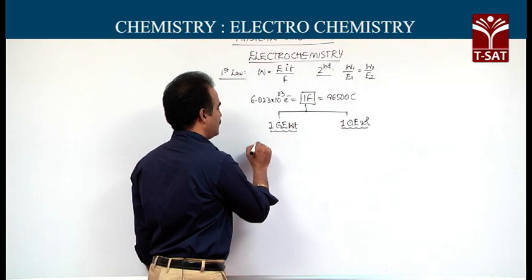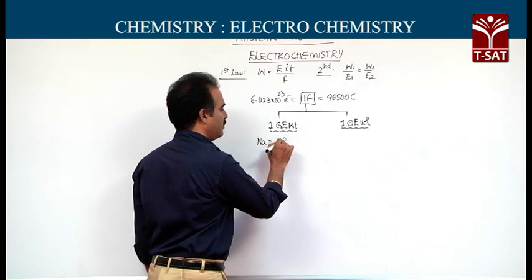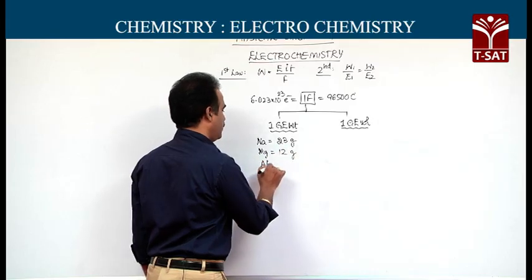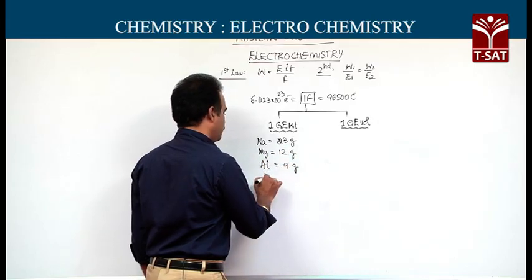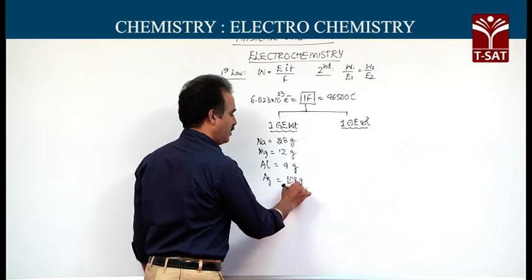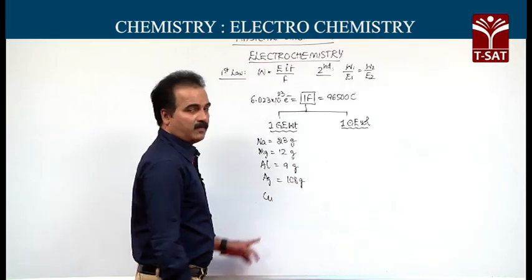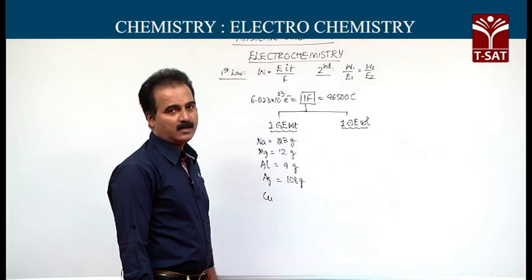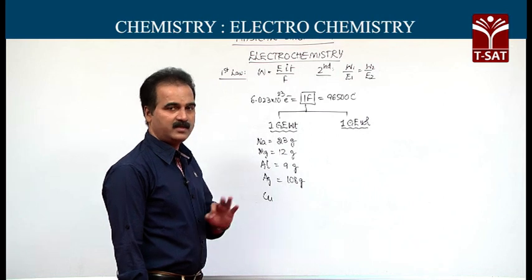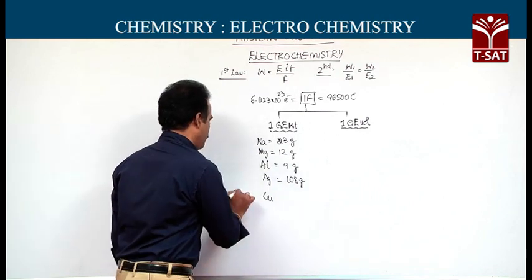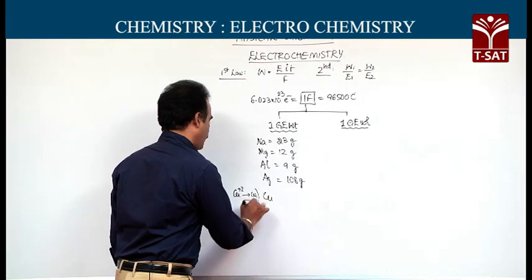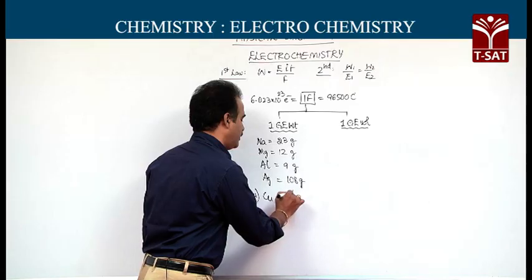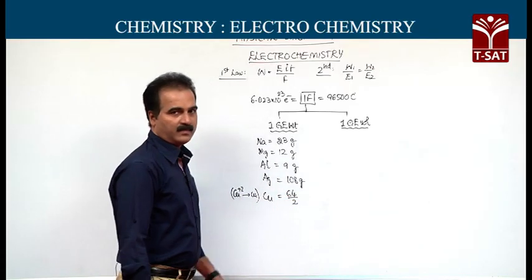So, let us take sodium 23 grams, magnesium 12 grams, aluminum 9 grams, silver 108 grams, and copper. For copper, whether it is obtained from the +2 or +1 oxidation state makes a difference. If copper goes from +2 to 0, its equivalent weight is 64 by 2.